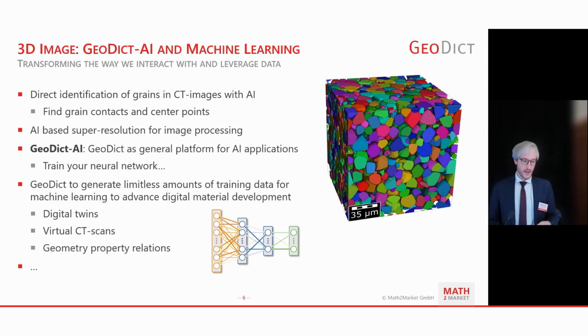So if you have certain requirements regarding identification of certain objects that your material has, you can train your own network, which does the job perfectly. And when it comes to training data, of course, GeoDict can be a very powerful source of generating training data to train your own neural networks for various applications.